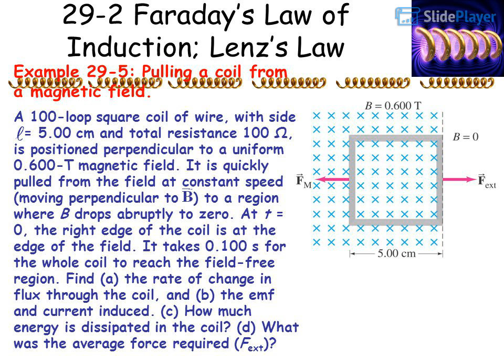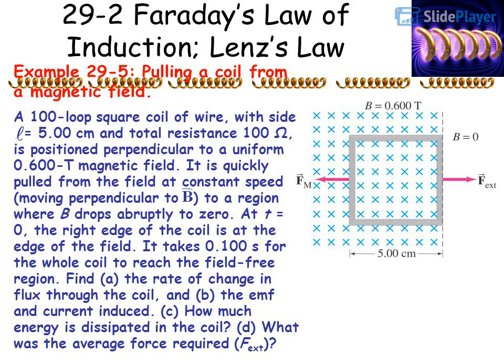At t equals 0, the right edge of the coil is at the edge of the field. It takes 0.100 s for the whole coil to reach the field-free region. Find, A, the rate of change in flux through the coil, and, B, the emf and current induced. C, how much energy is dissipated in the coil. D, what was the average force required?